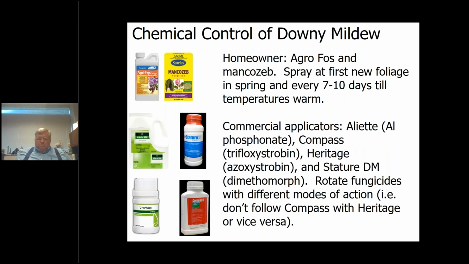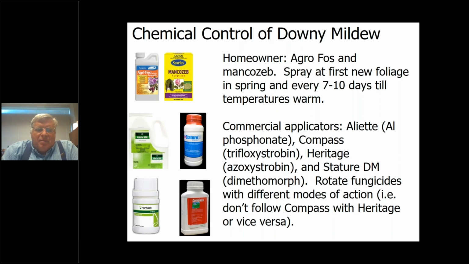Now, when we come to fungicides for downy mildew control, labeled for homeowners is Agrifos and Mangazel. Both of these are excellent for downy mildew control.